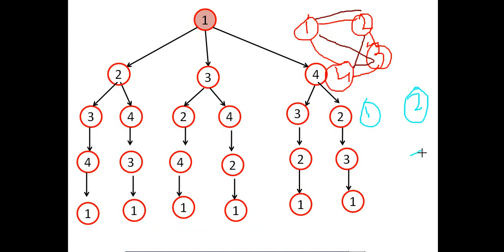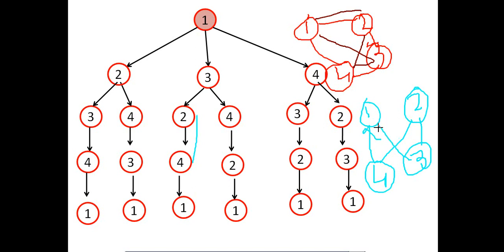Take this path. I will write here 1, 2, 3, 4, because this one is very, very important in this concept. 1 to 3, 3 to 2, here 2 to 4, 4 to 1.